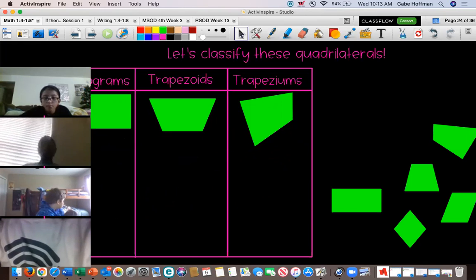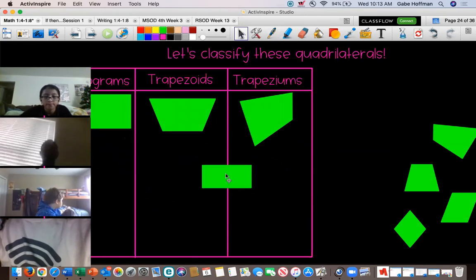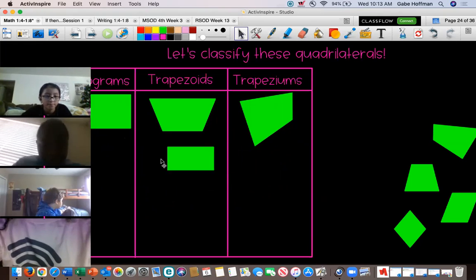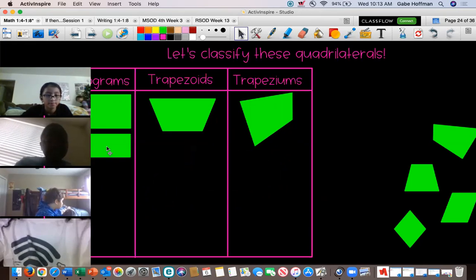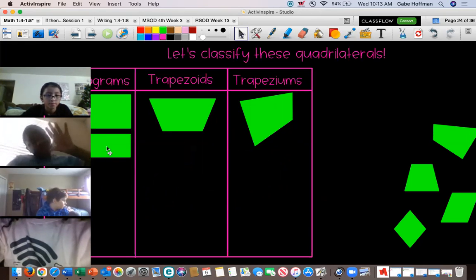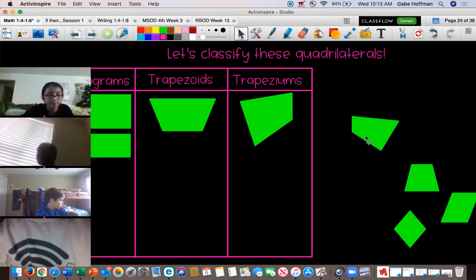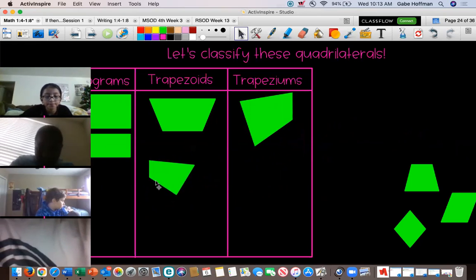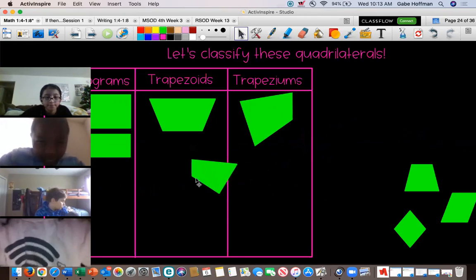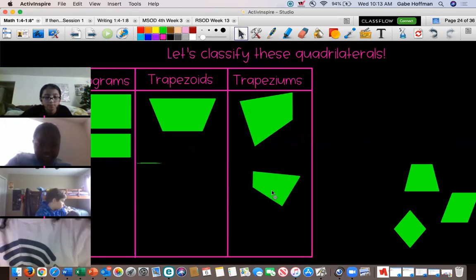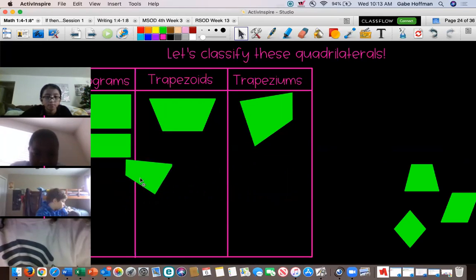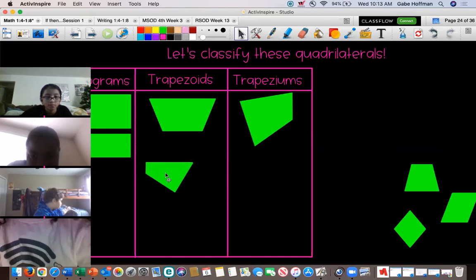Cynthia, what about this one? Very good. What do we call that kind of parallelogram that I was just moving around? Rectangle. Marvin, what about this one? Next to parallelogram, trapezoid, or trapezium?